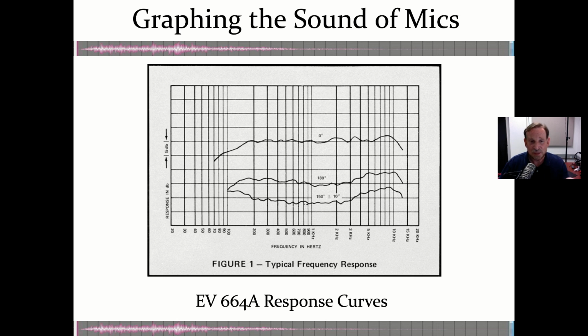So having these 3 lines in this way, where the 180 degrees is the second one in terms of the amount of level or volume that's coming in, we can learn that this is some kind of cardioid pattern that is narrower than a traditional cardioid. Could be a supercardioid or a hypercardioid, because we are getting more sound directly behind than we are in the angles behind us. So this graph is showing us that.